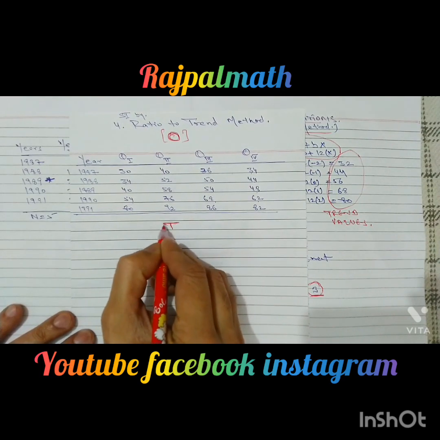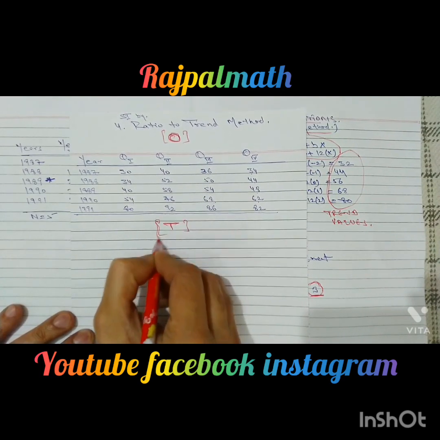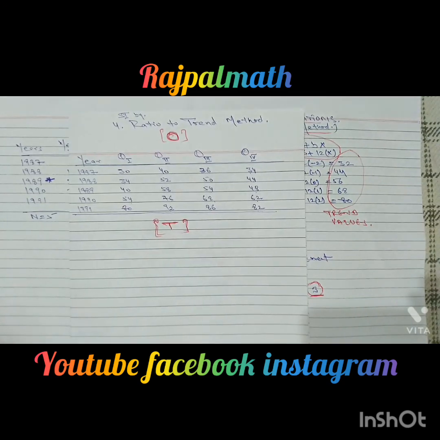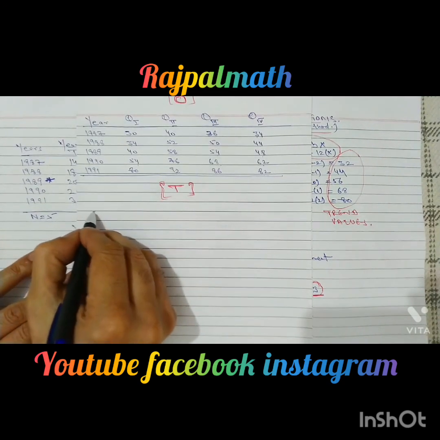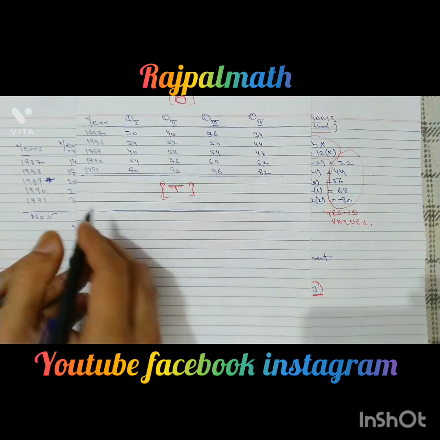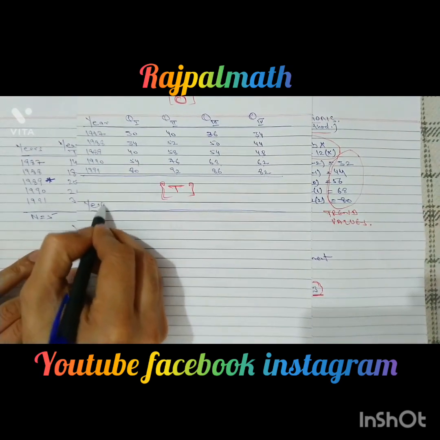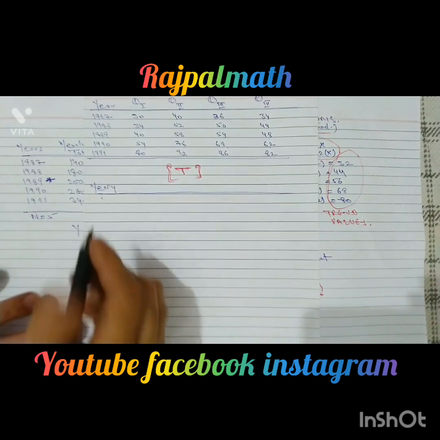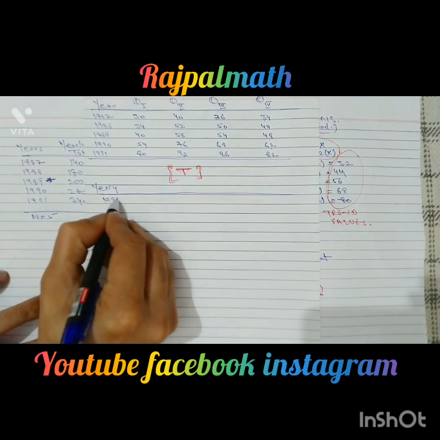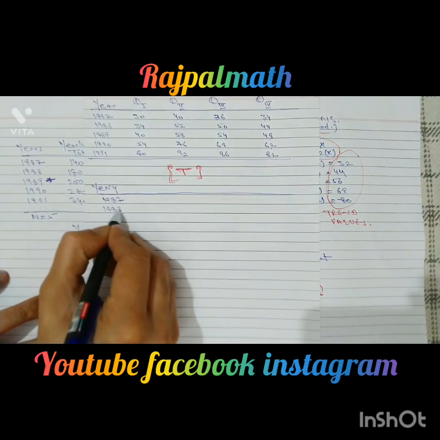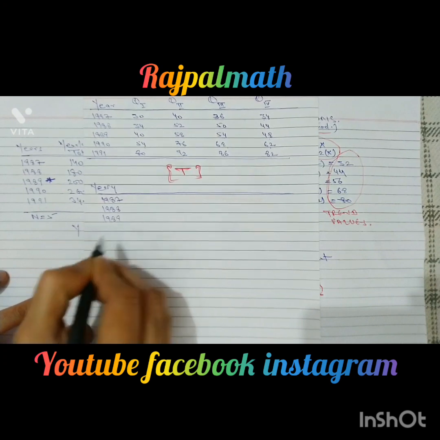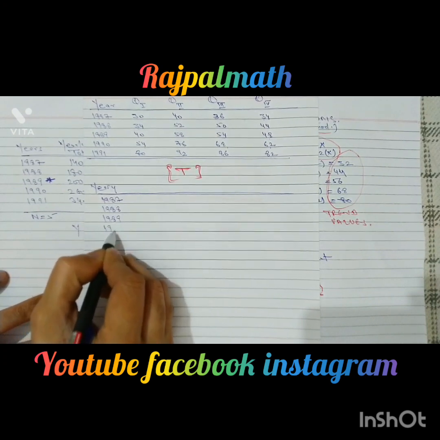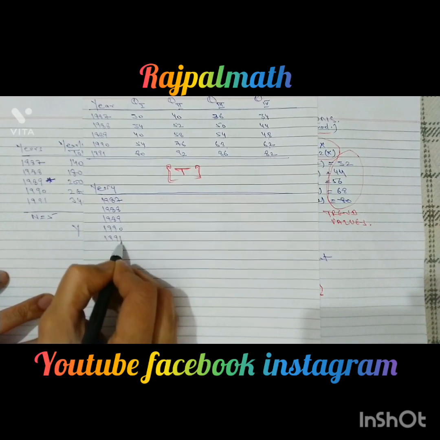Next values are trend values for the same. Years are given same as in the question: 1987, 1988, 1989, 1990, 1991.